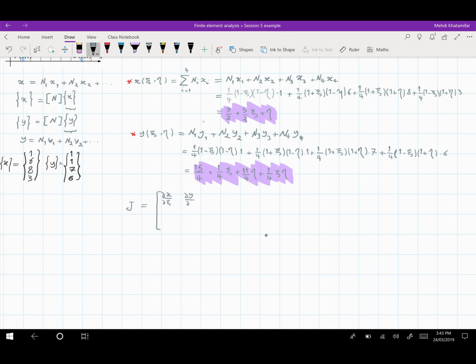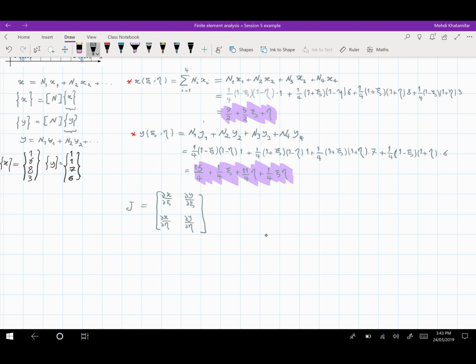Global, local. Again, global, local, global, local. So this is the Jacobian matrix.